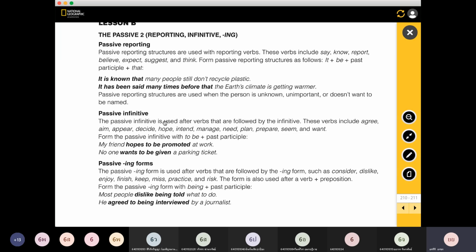There are some verbs that require infinitive, for example agree, aim, appear, decide, hope, intend, manage, need, plan, prepare, as you can see from the screen here.